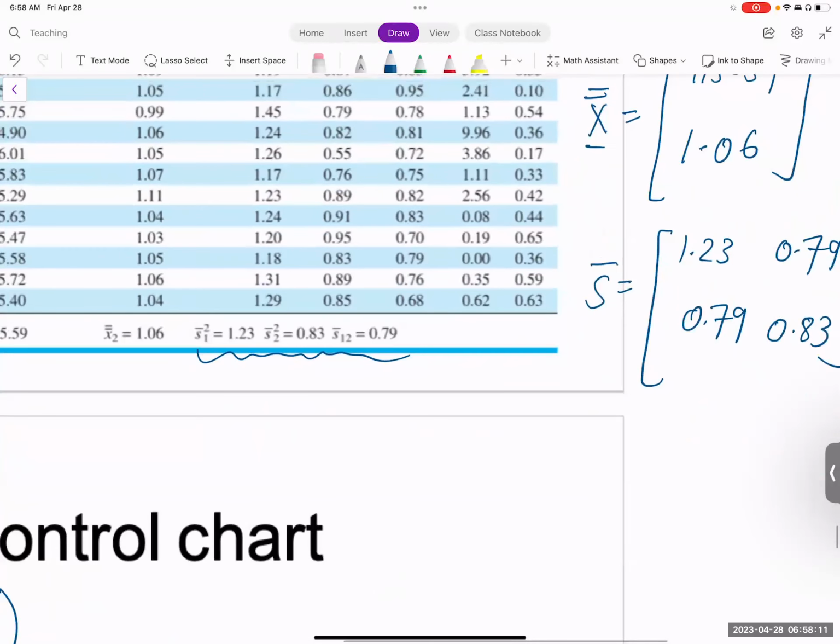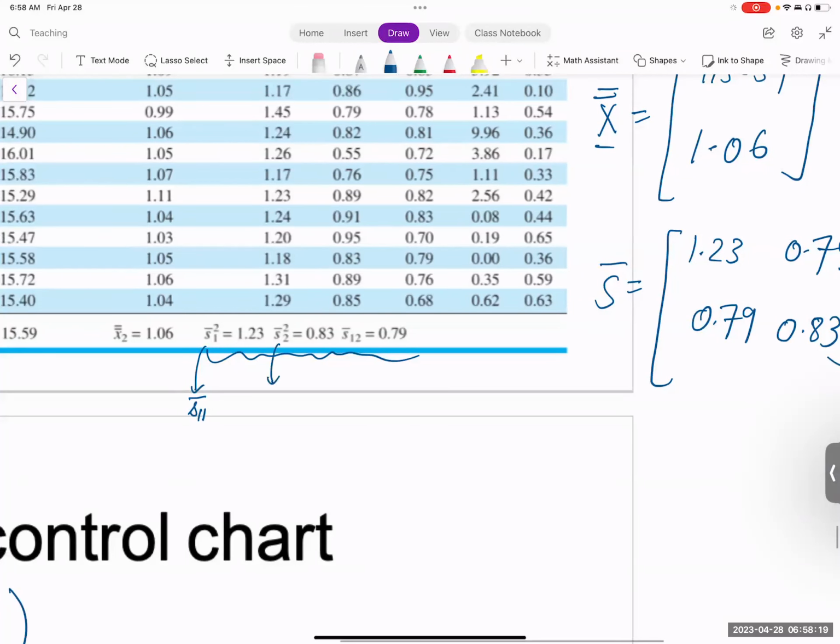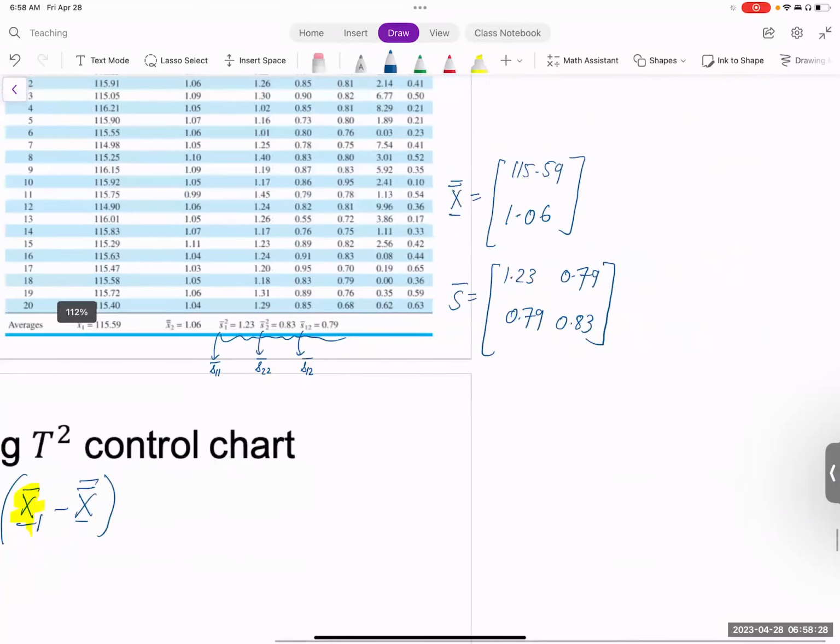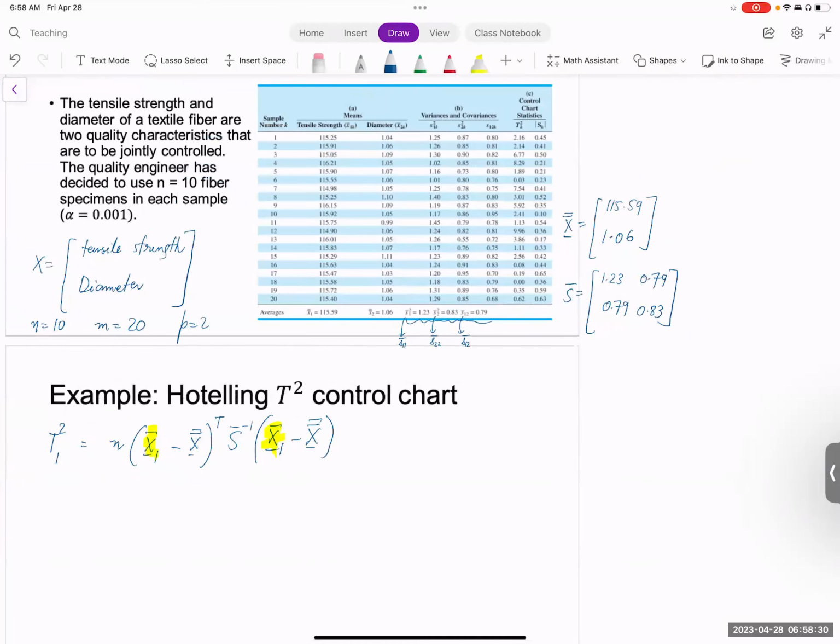Notation-wise, what I would say here is that this S1 bar squared is the same as S11 bar, and this is the same as S22 bar, and this is already the notation of S12 that we have used. Okay, very good. Right now, you will compute the S̄ inverse here.